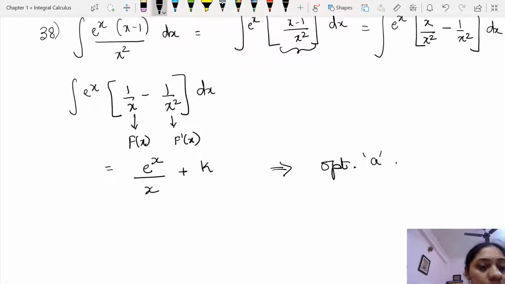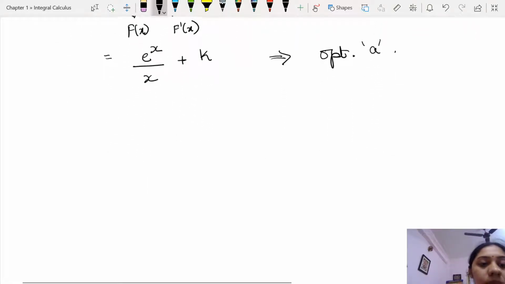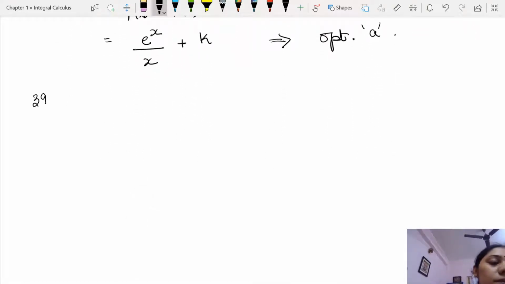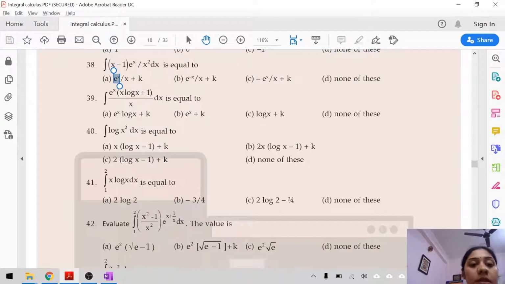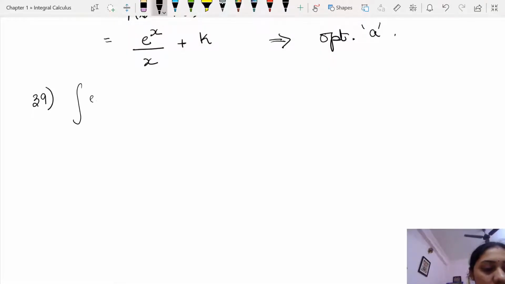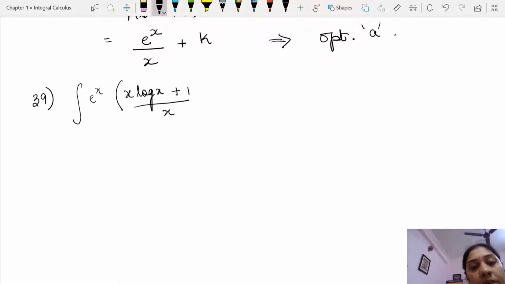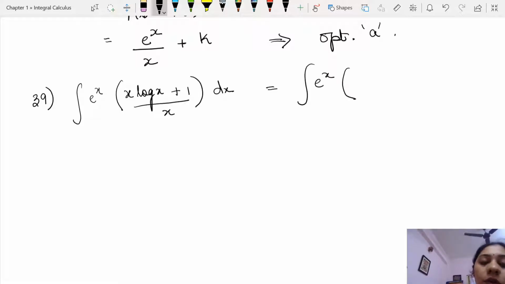Now let us go to question number 39. Let's take this down. Integral e power x into log x plus 1 by x dx. Now let us simplify this. We are going to split it.